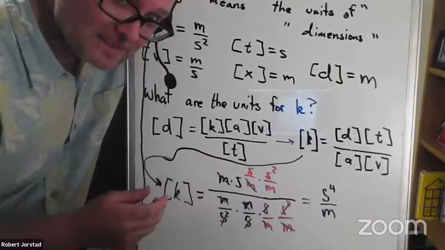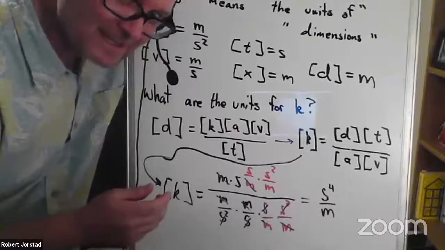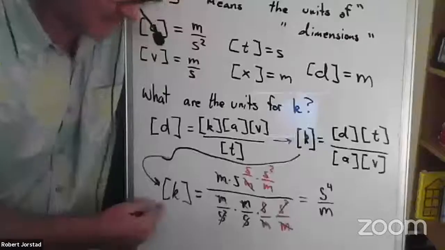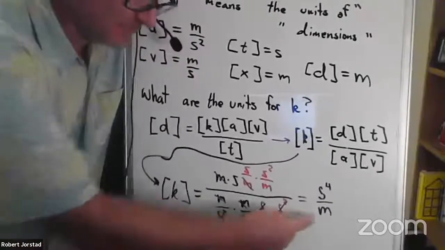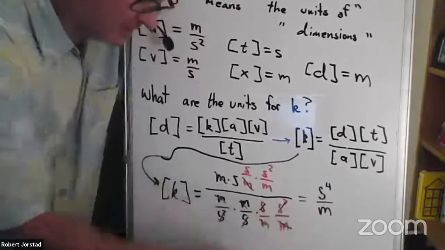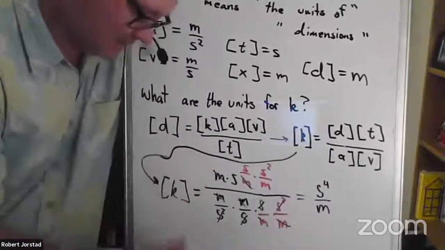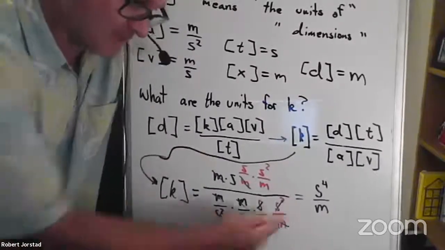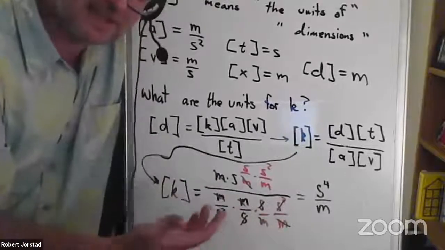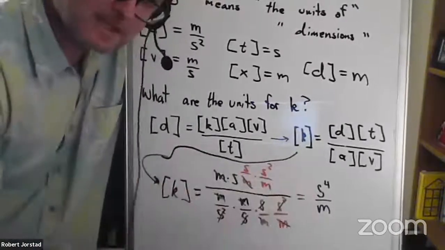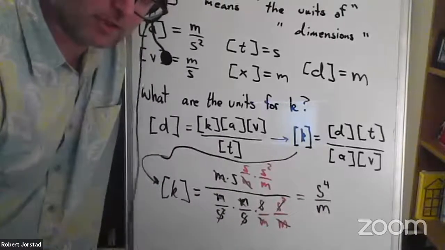Let me repeat. I just said K is seconds to the 4th per meter. The units of K, exactly. The units of K are seconds to the 4th per meter. I was trying to screw with you, but you caught it. Good. So remember, there's a big difference between the units of K being this and K. K is going to be some number, but the units of K will be this. That can help you check your work later.